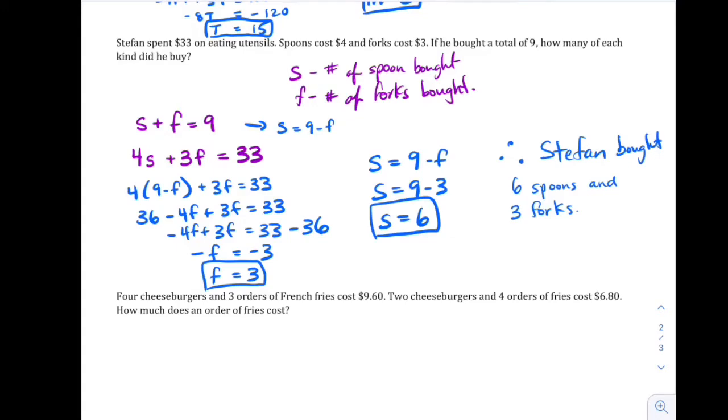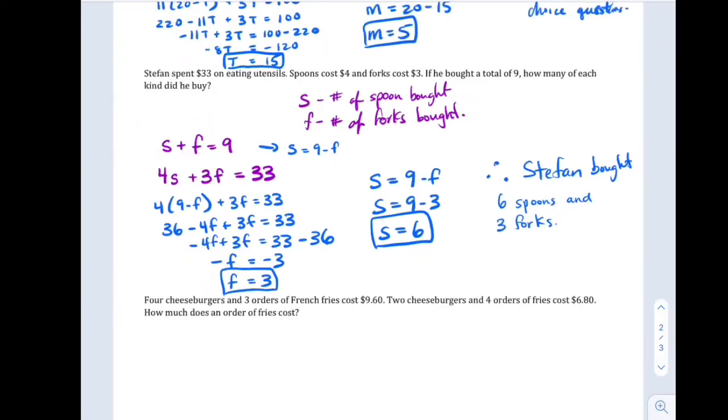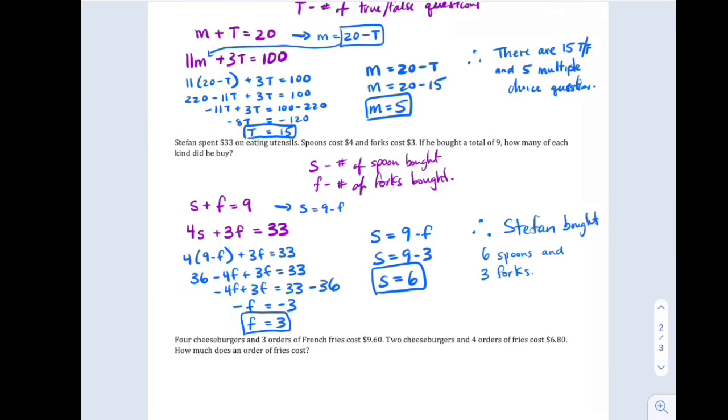And that's our final. So you see those two questions are relatively the same. The setup is almost the same. The equations looked similar, just the variables stood for different things.